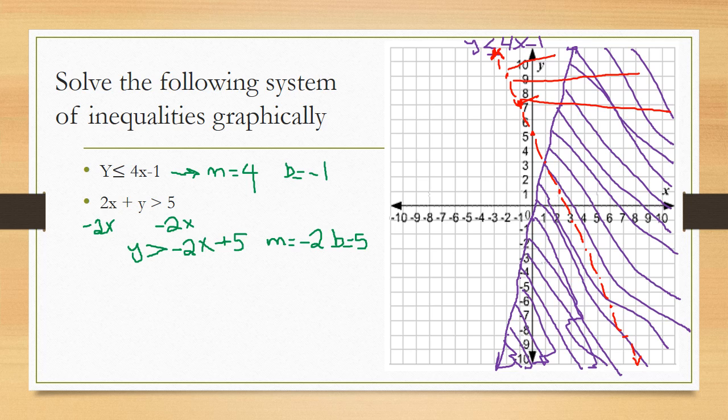So now the solution for this system of the two inequalities is the overlap between the half planes.